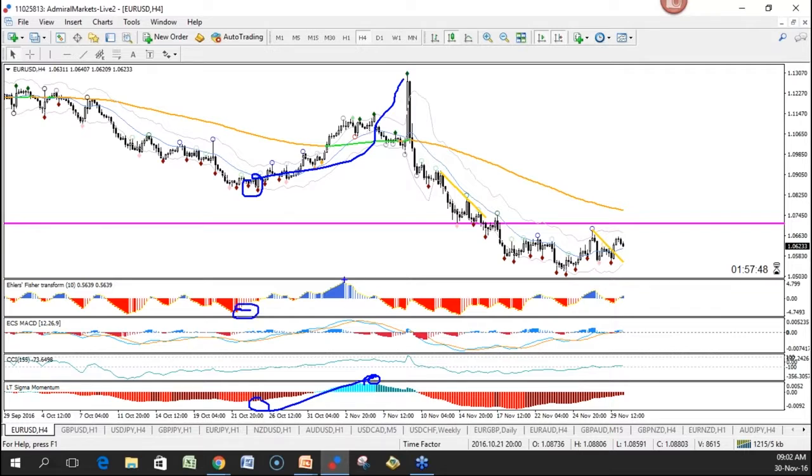Even this, the Fisher would say the same, but the Fisher is a bit more sensitive. So here you see a bit of a dip, and that's because on the hourly chart you would probably see 5 waves like this, looking at this oscillator.